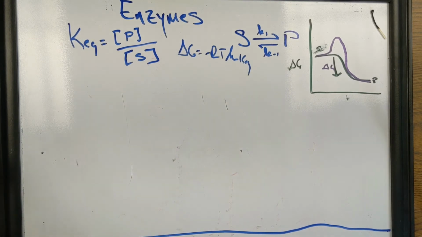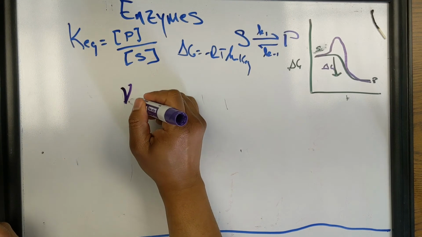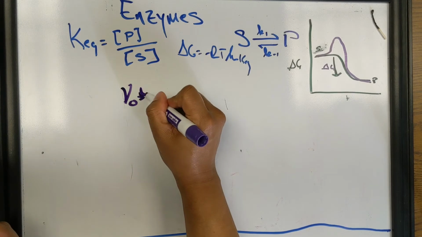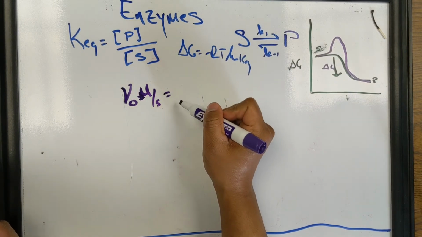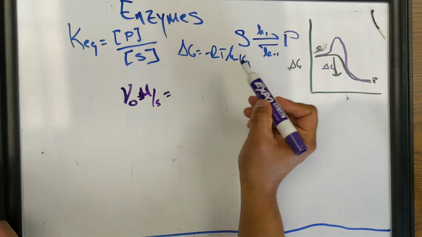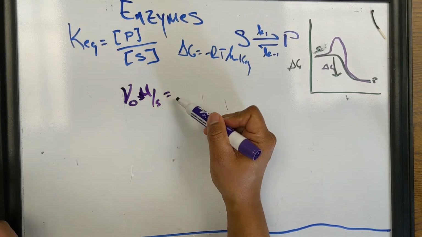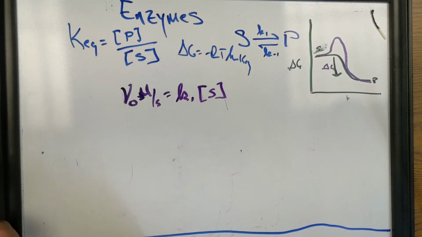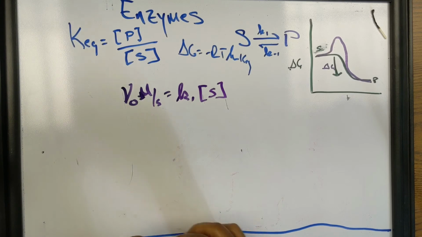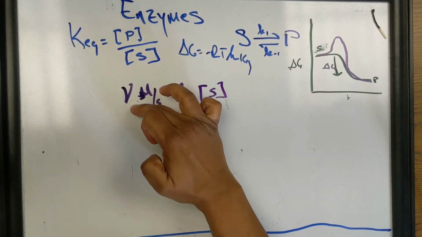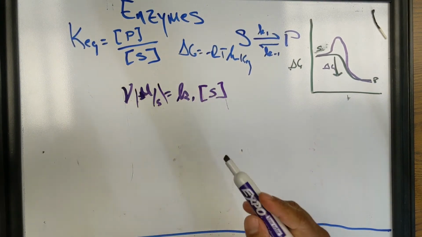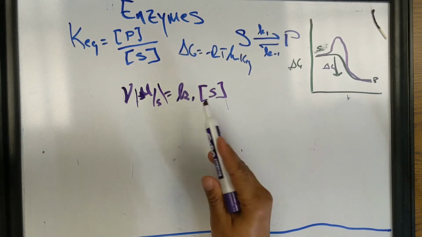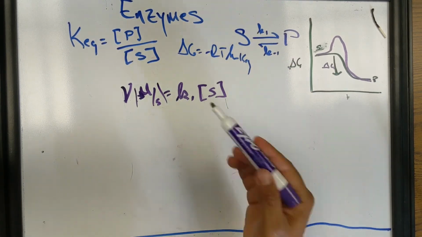And so here's where we get into some good old chemistry. We know that the velocity of a reaction, and this is moles per second, is a function of the substrate concentration. If you remember from general chemistry, this is a first order reaction, and so the velocity, this is at V0 here, is a linear function of the substrate concentration and whatever this K1 is.